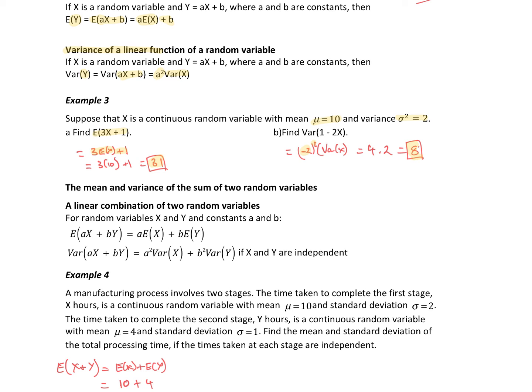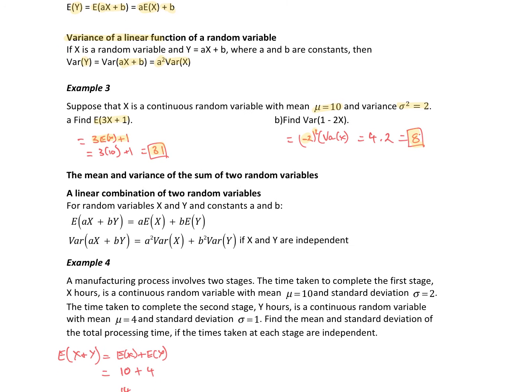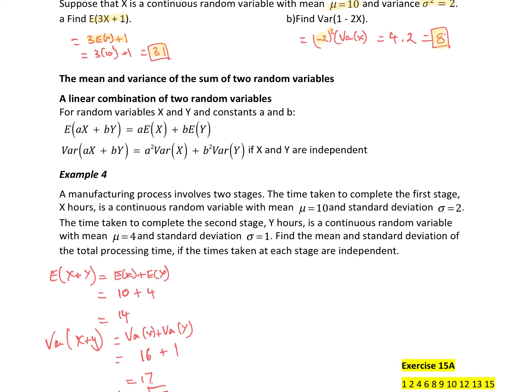What if we're going to add two random variables together? What happens there? What if we have a linear combination of two random variables? Variable x and variable y represent two different random distributions. The expected value of ax plus by is just a times the expected value of x plus b times the expected value of y.